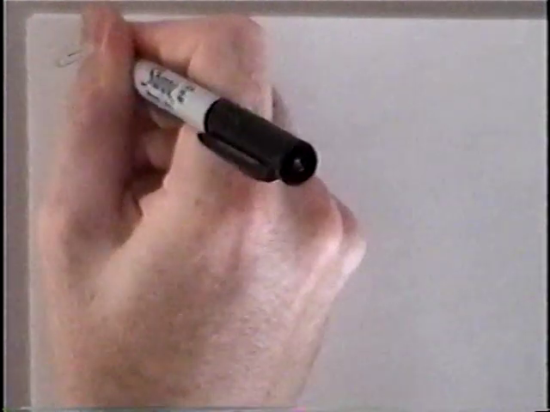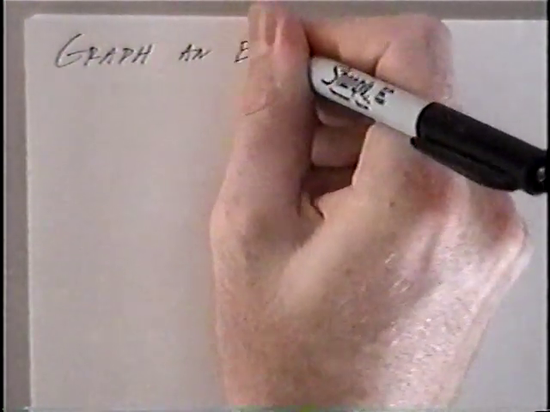Title of the first section is Graph an Ellipse.